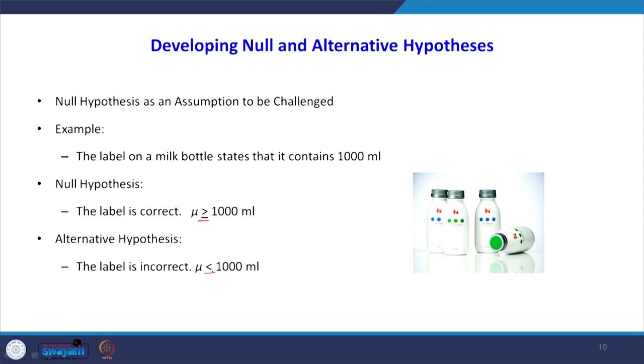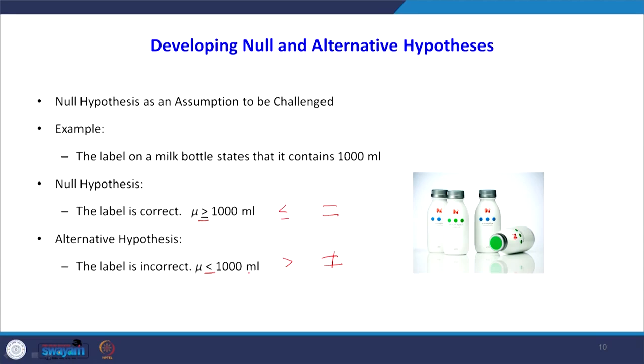If the null hypothesis is less than or equal to, the alternative hypothesis will be mu greater than. If the null hypothesis is equal to, the alternative hypothesis is not equal to. The null hypothesis always has an equal to sign. The alternative hypothesis never contains an equal to sign. The status quo goes to the null hypothesis.